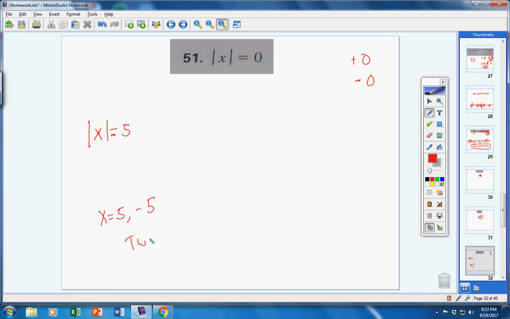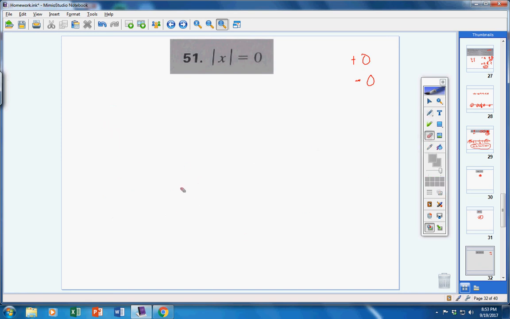There would be 2 answers, okay? Because if I put a positive 5 in here, I get out a positive 5, which equals 5, okay? If I put in a negative 5, I will get out a positive 5, because the absolute value of a negative 5 is positive 5, okay?